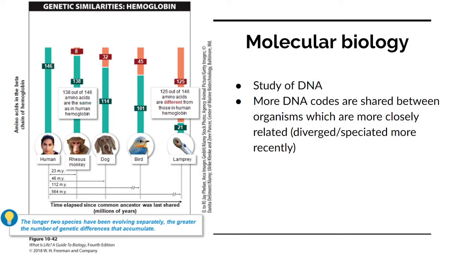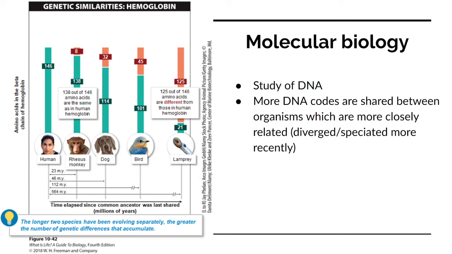When we look at rhesus monkeys, hemoglobin, by the way, is the protein that carries oxygen in the blood, it is very similar. Then we go to dogs, it's a little more different. Birds, a little bit more different. And then lamprey, more different still.